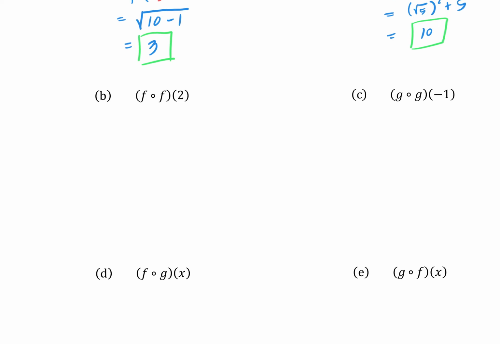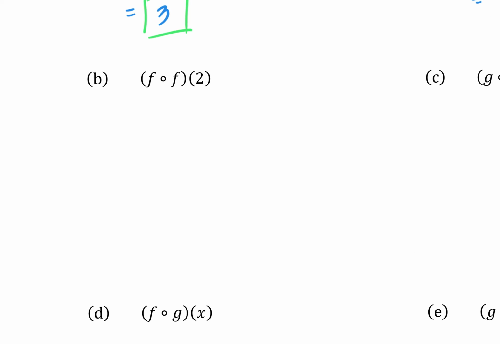Now here's my second b. I did not relabel. So when we compose functions, it doesn't have to be with a different function. It can be a function composed with itself. In this case, f is closest to 2, so I want to do that first, and then once I figure out what that is, I'm going to put it back into f.